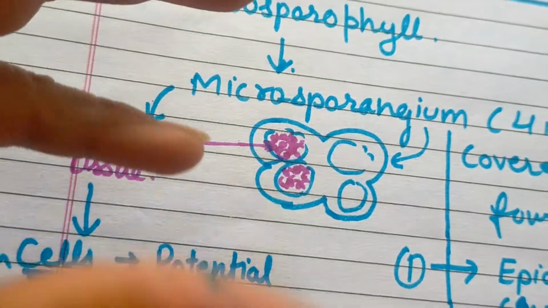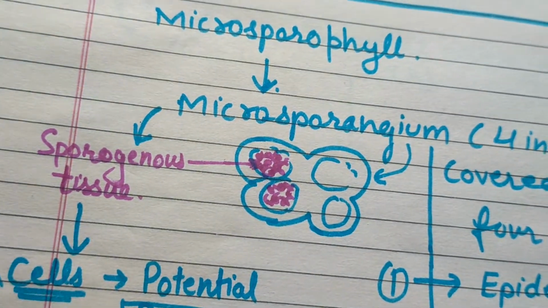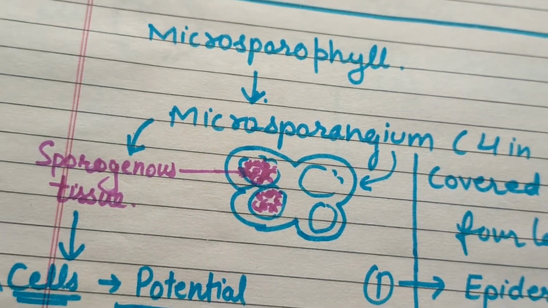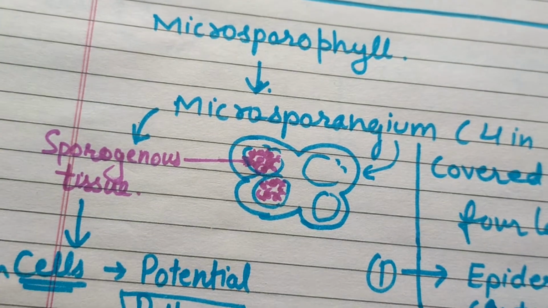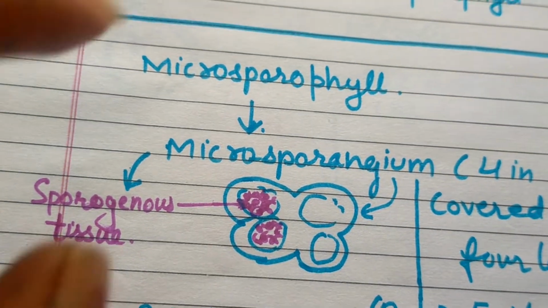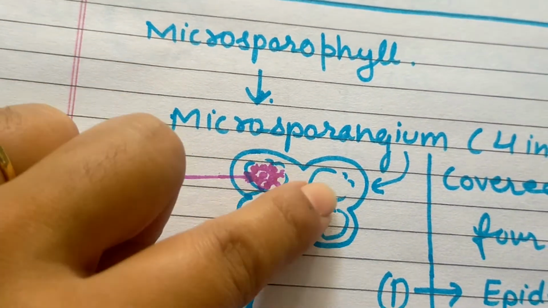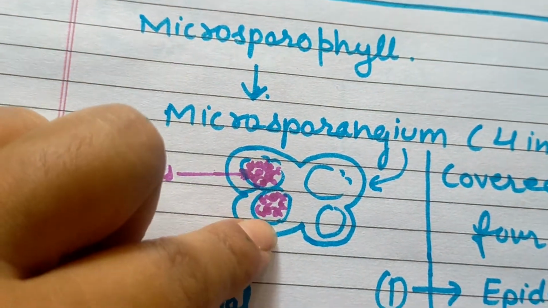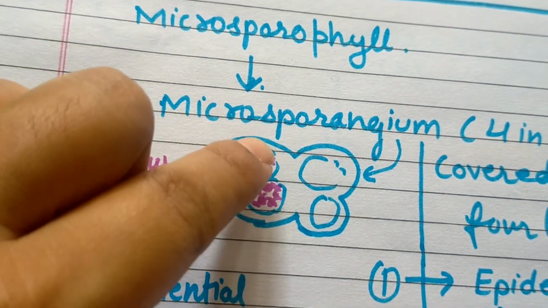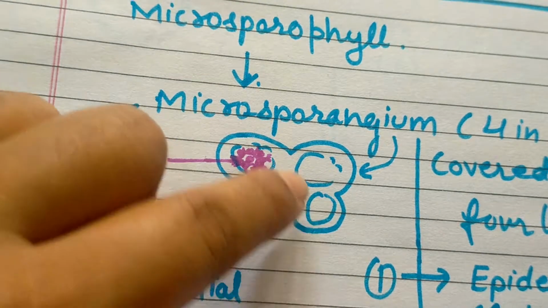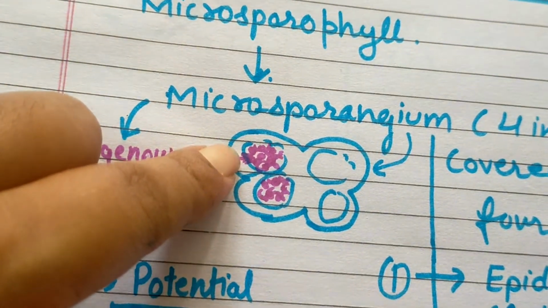These tissues are groups of cells, and they are very homogeneous cells, meaning their shape, size and characteristics are all the same. So sporogenous tissue is present inside each pollen sac. I drew only two, but all four microsporangium contain sporogenous tissue inside them.